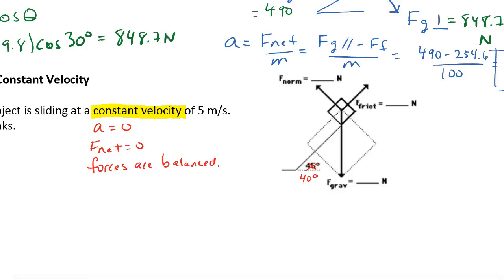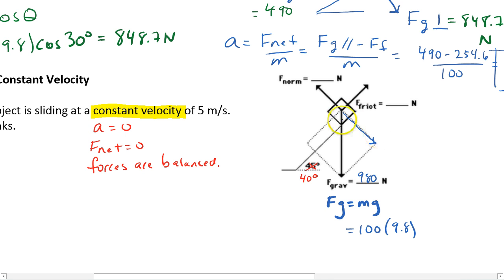Well, first of all, the force of gravity is going to be equal to Fg is equal to mg. So it's going to be the old 100 times 9.8. So again, this will be 980. We should still go and say, well, what is Fg perpendicular?